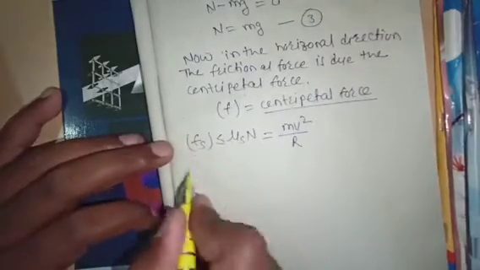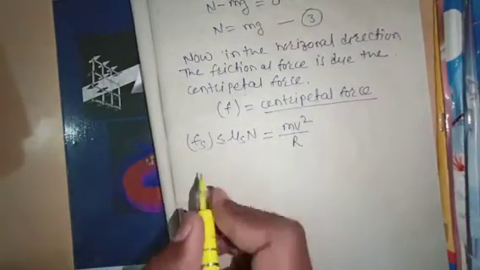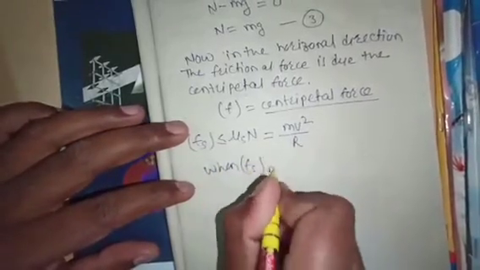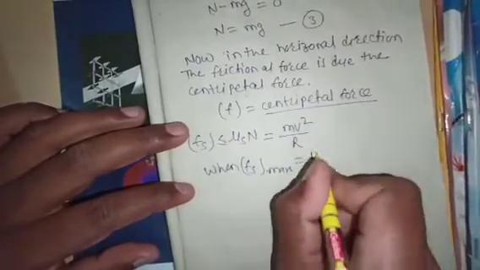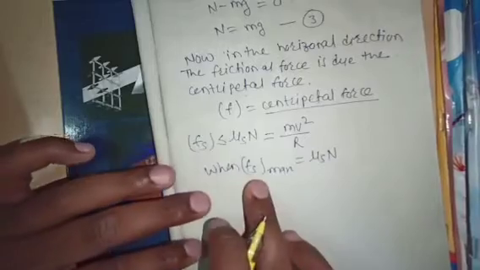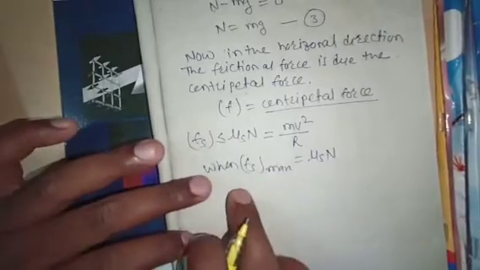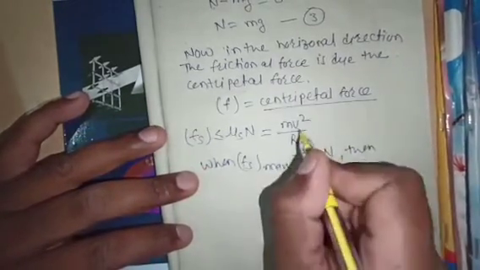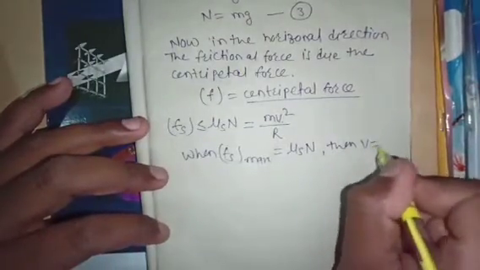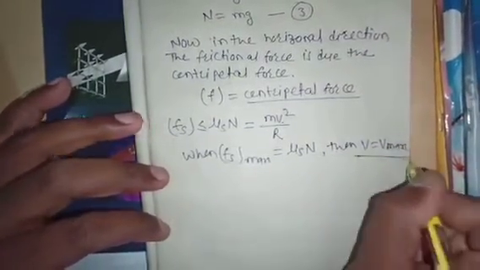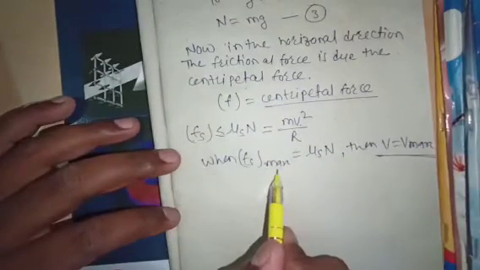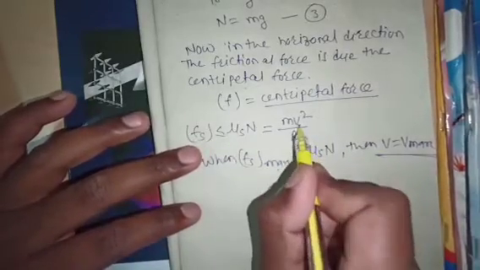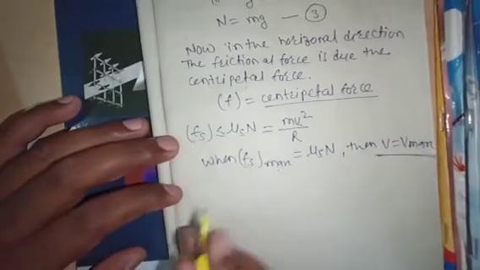When static friction has its maximum limit, when fs is maximum, then it is mu s into N. In that case, whatever the velocity is, that velocity is also maximum.